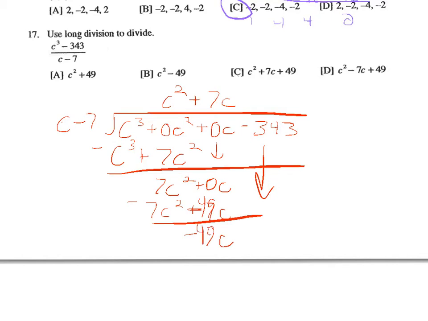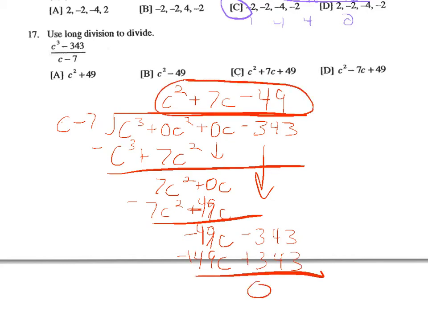There we go. And then I would have a negative 49. And then if I change the signs, I end up with a remainder of 0. So my answer would be c squared plus 7c minus 49. Sorry, that's a plus 49, which would be choice D.